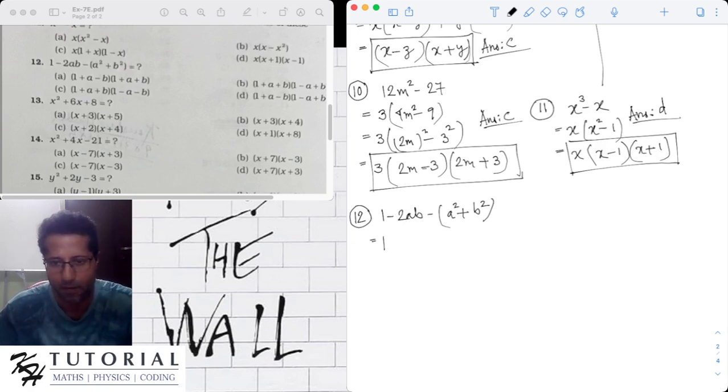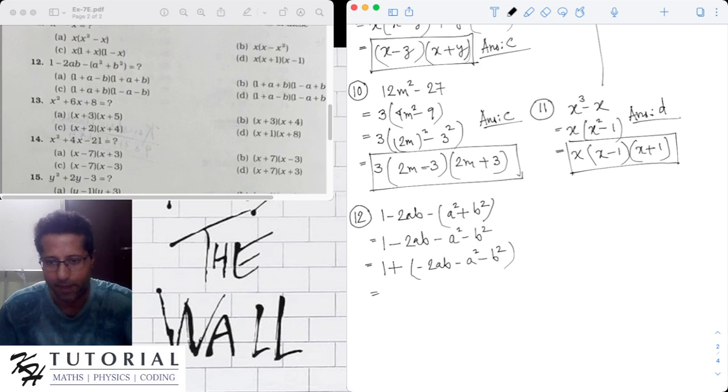So first of all, let's open the bracket and we get minus a square minus b square. Now if I put the terms minus a square, minus b square, and minus twice ab inside a bracket, I get 1 plus minus twice ab minus a square minus b square.